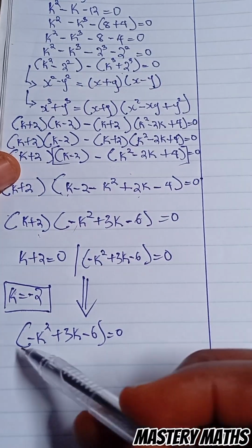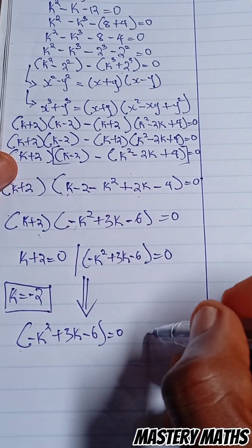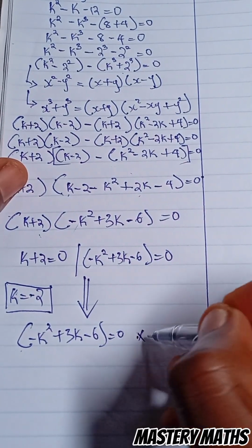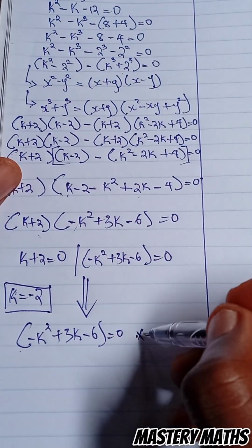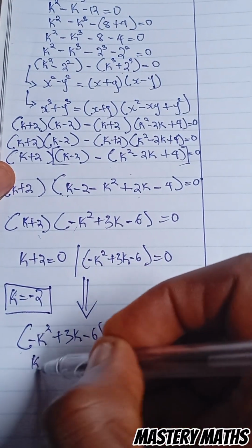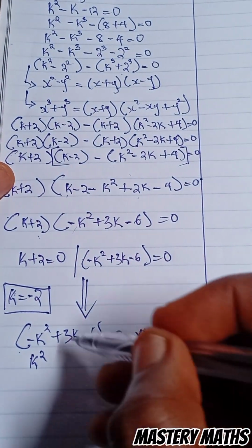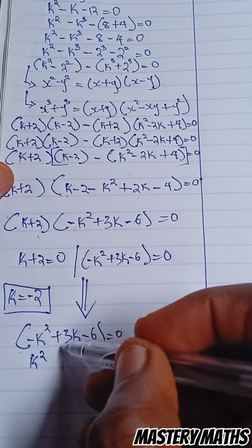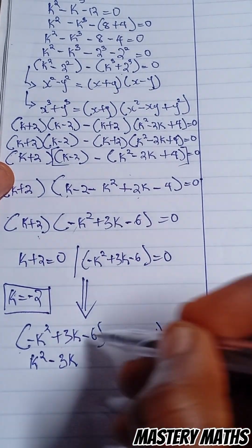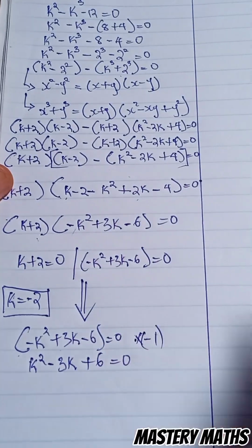So we're going to multiply this line you're seeing here by minus 1. We're going to multiply everything here by minus 1. Minus 1 times this k squared will give us k squared, minus 1 multiplied by plus 3k will give us minus 3k, minus 1 times this will give us plus 6 equal to 0.